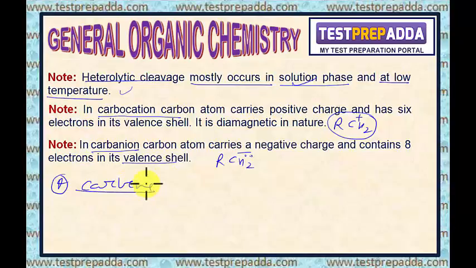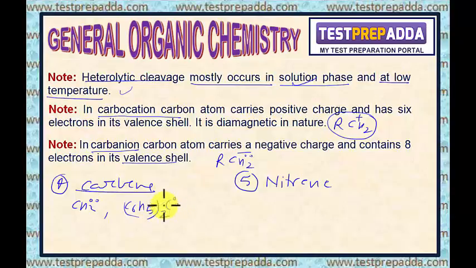carbene and nitrene. Examples of carbene are CH2, C6H5 whole twice C, CCl2.